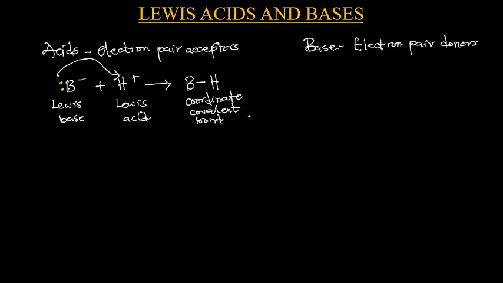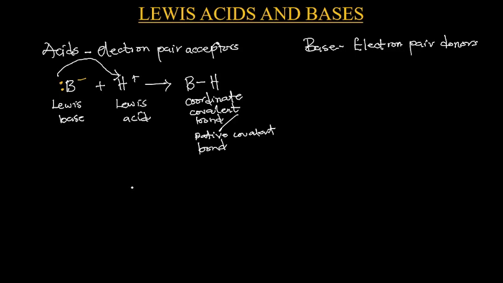It is also known as a dative covalent bond. Dative because one species is donating everything while the other one is just receiving. So we call it a dative covalent bond.